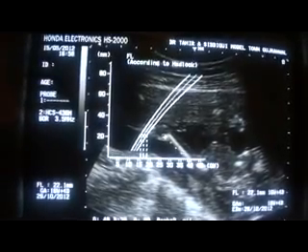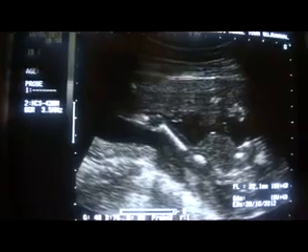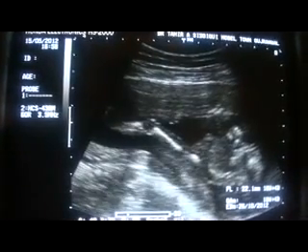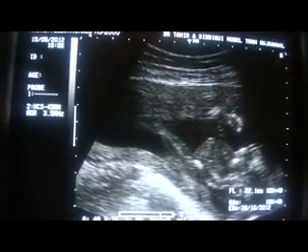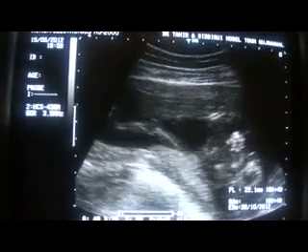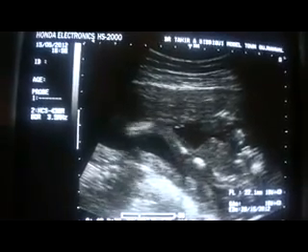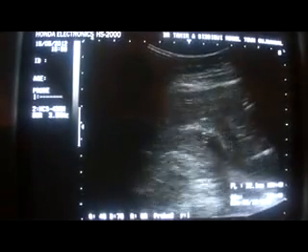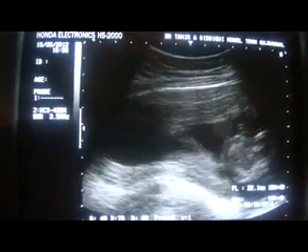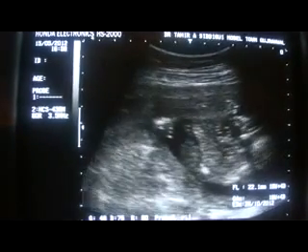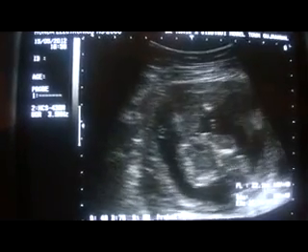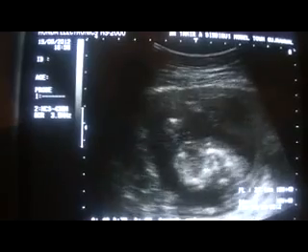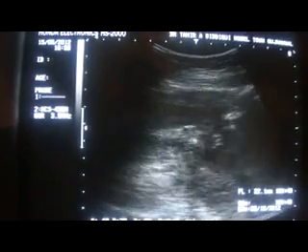So possibility of OMPHALOCELE cannot be ruled out, because this outpouching is in continuity with the anterior abdominal wall, and this being the transverse of the fetus.